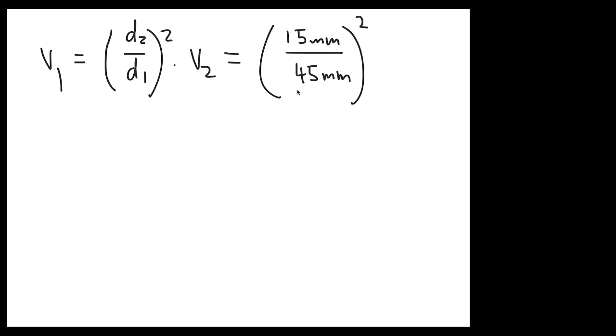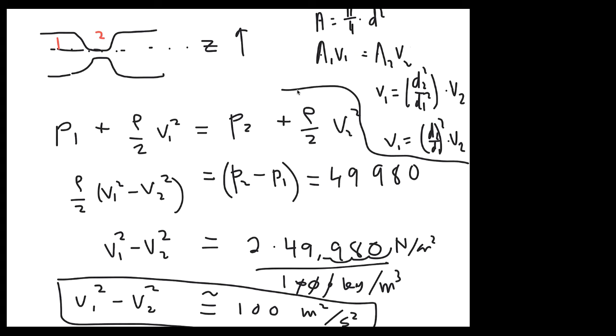When I square this, I just get 1/9, because 15 is a third of 45, so 1/9 times v2 is v1. There's definitely something wrong with that. Well, no, okay, so v1 is 1/9 of v2. I'm expecting v1 to be slower because v1 is much larger in cross-sectional area than v2. Okay, I'm okay with that.